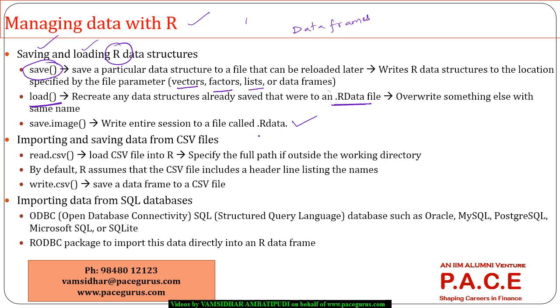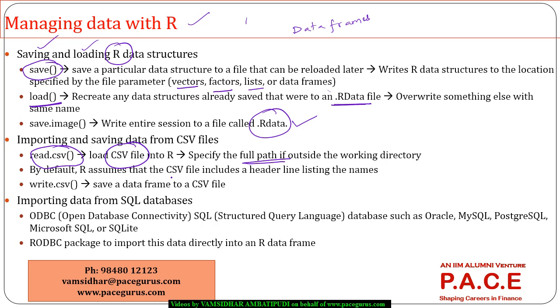Similarly, save.image writes the whole session to a file called .RData, which you can load for later use. If we have the data in the form of an Excel file or a CSV file, you can do a read.csv, which will load the CSV file into R. I have to specify the full path if it is outside the working directory, which is what we are going to do at a later point when we are practically working with the data.